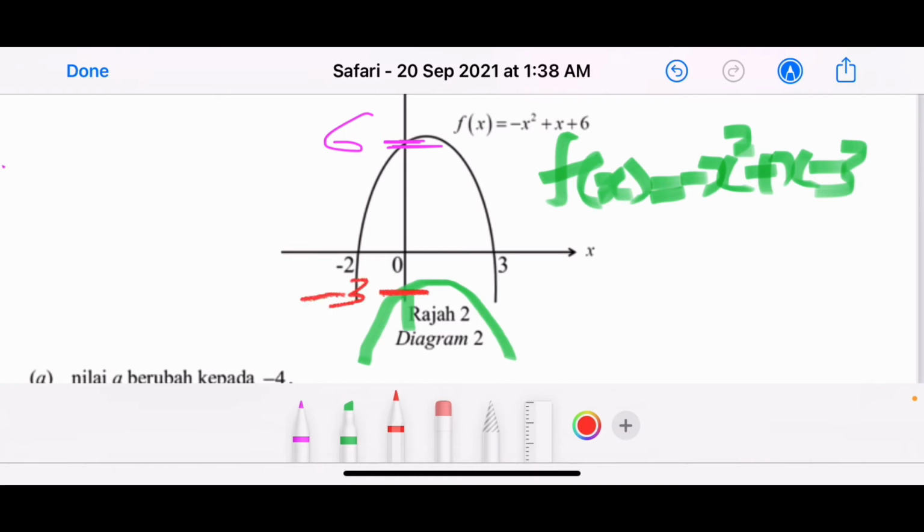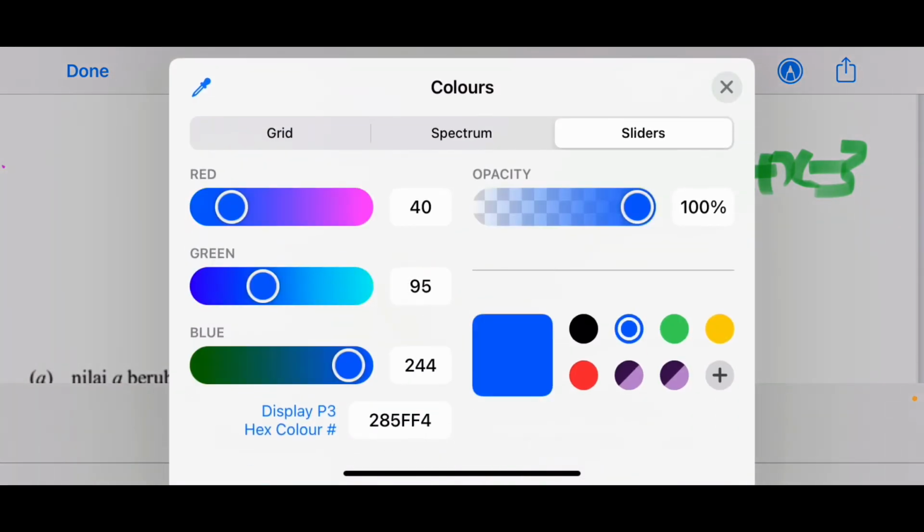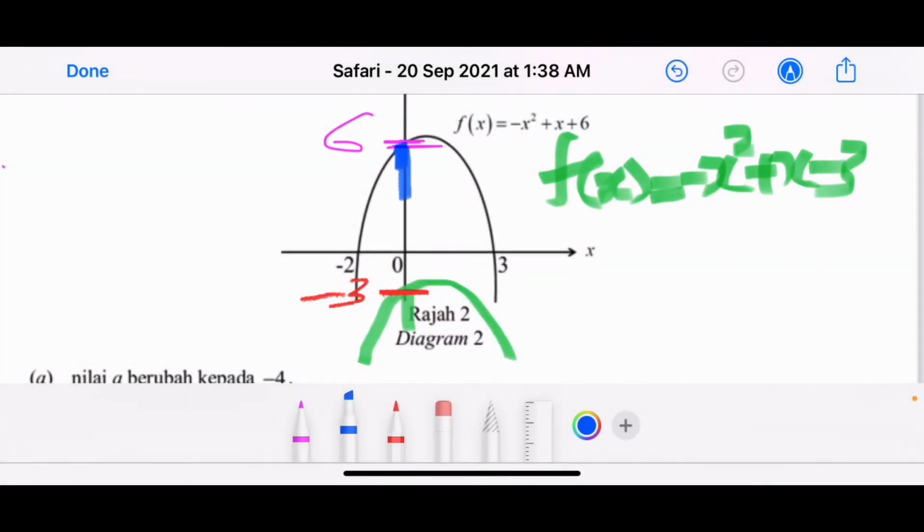The shape remains unchanged, still an N shape. Okay, how many units does it move? Let's figure it out. It moves down 6 units and another 3, so it shifts 9 units downward.